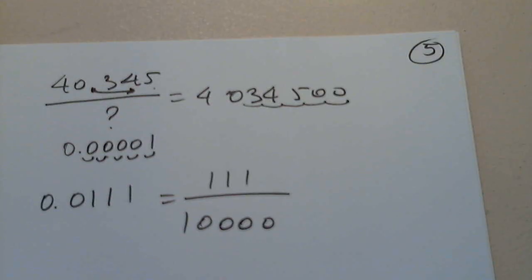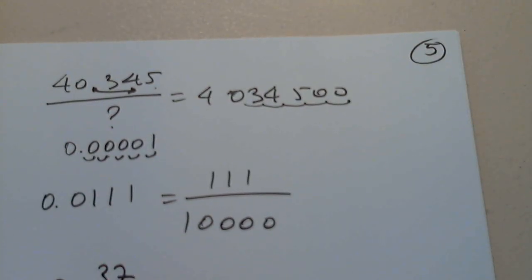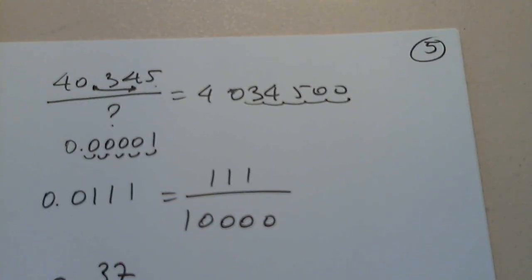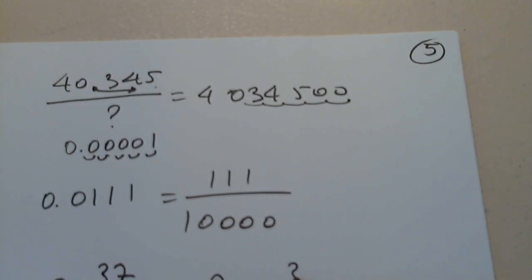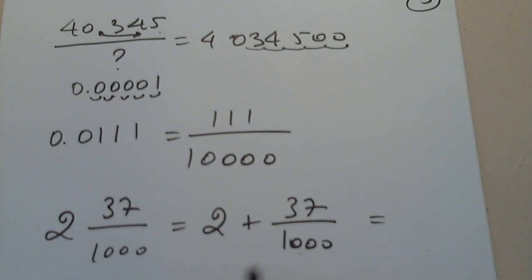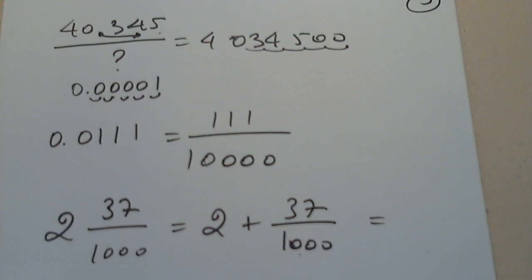Good. Now here we have two integers and 37 over 1,000. Remember, two integers, not multiplication. This is a mixed number, 2 and 37 over 1,000. This is basically 2 plus 37 over 1,000. So the answer has to have two integers and a period.